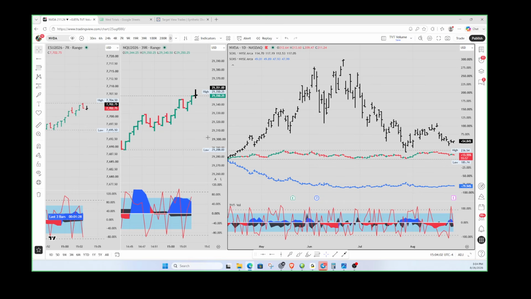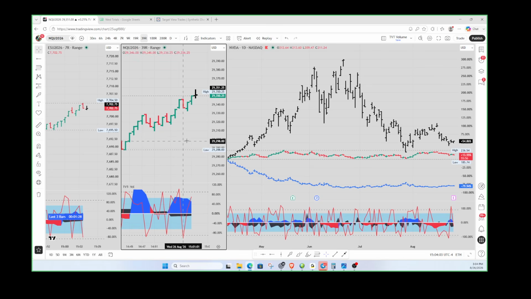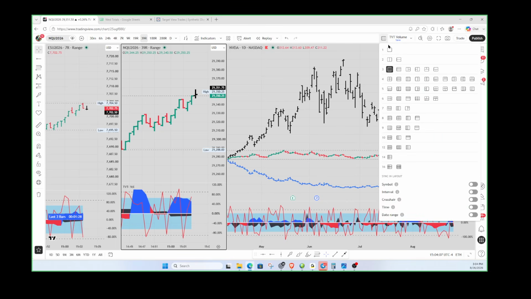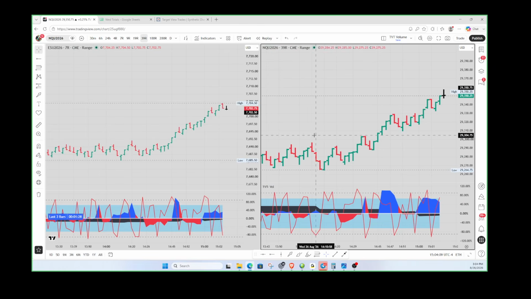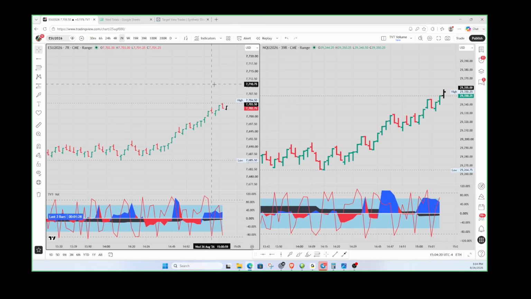Okay, so let me step back here for a minute because I see Jenny. I saw something from you just a second ago came through, and I want to explain this part again because this is really, really easy. If you want to do it on a smaller time frame, if you don't want to do it on range bars and you don't want to risk a lot of money, then you can do this on like a 1 minute.